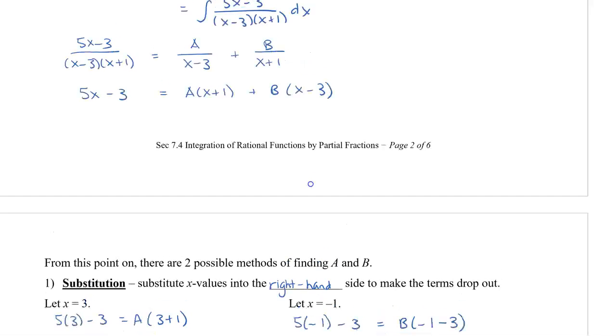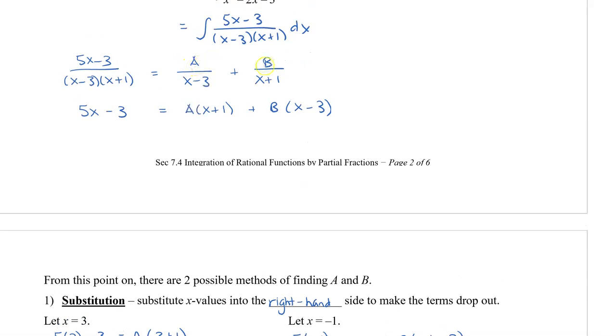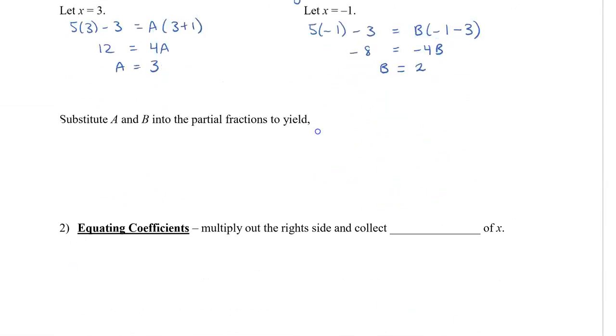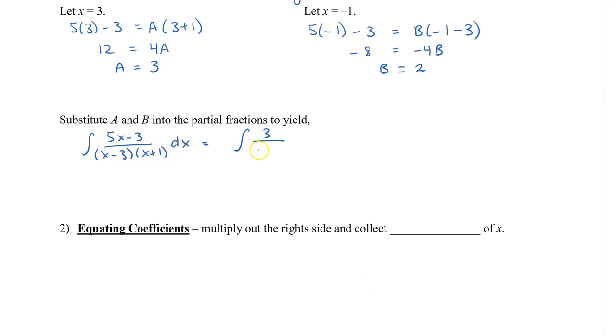I'm going to substitute it back into this equation here. So we have the integral of 5x minus 3 divided by x minus 3 times x plus 1 dx equaling the integral of 3 divided by x minus 3 dx plus the integral of 2 divided by x plus 1 dx.